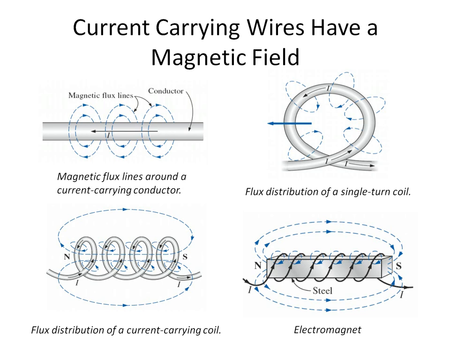The lines of flux can be increased by concentrating the magnetic field on a piece of steel, again establishing a north and south pole with the lines of flux traveling from the North Pole to the South Pole.